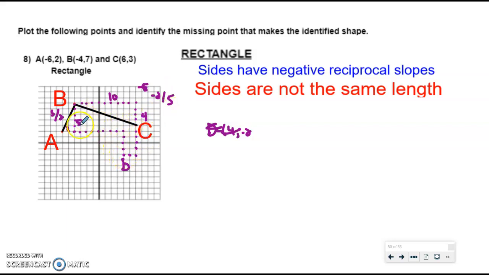And that's going to turn out to be 4, negative 3. Okay, so I could go 1, 2, 3, 4, 5, 6, 7, 8, 9, 10. It's actually going to be 4, negative 2. I'm sorry, guys. 4, negative 2 is going to be that point. That's going to make this into a rectangle. Okay? That was a bad example.